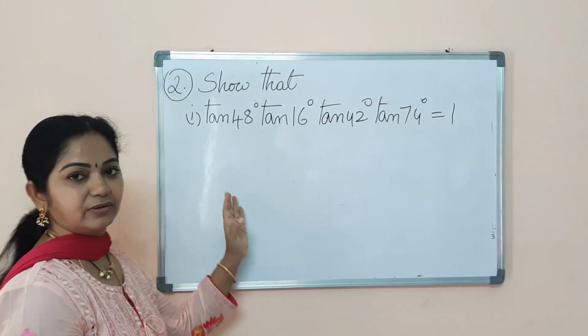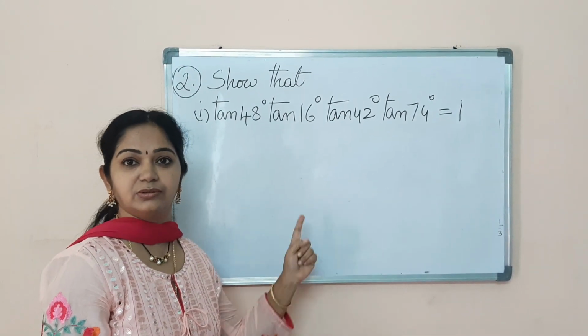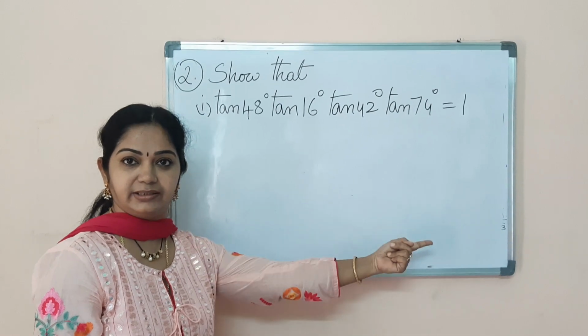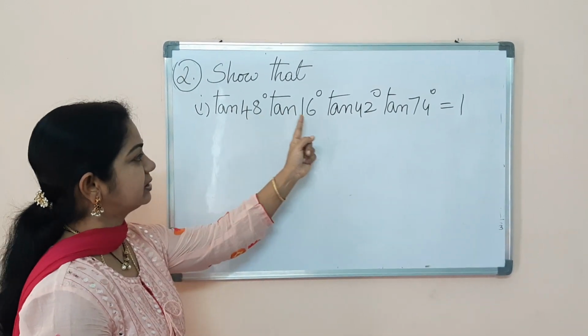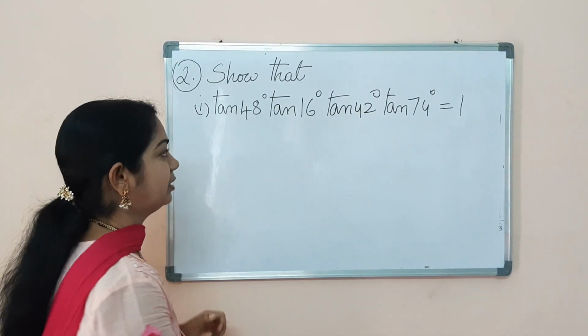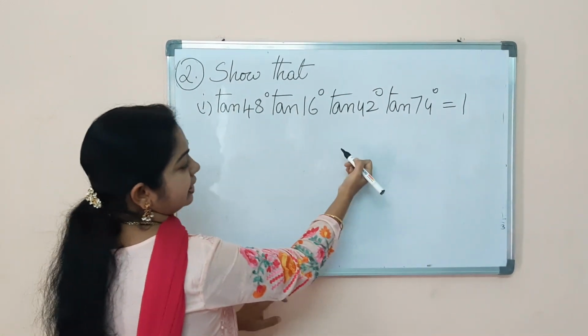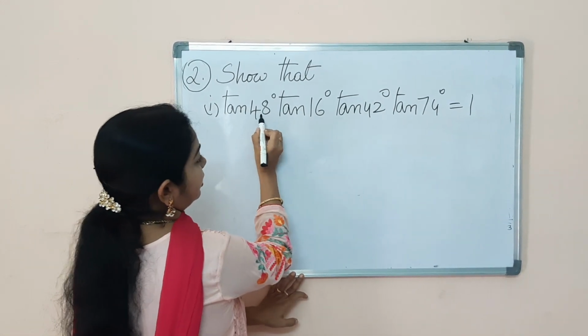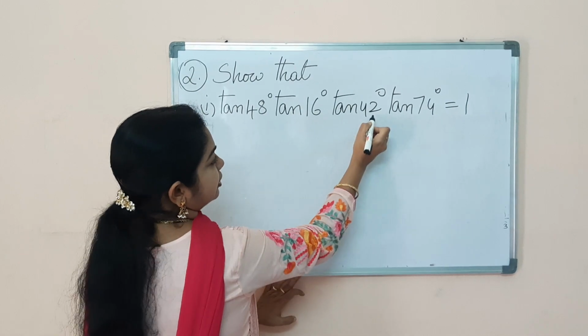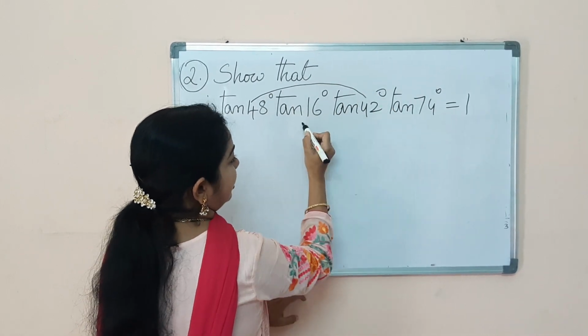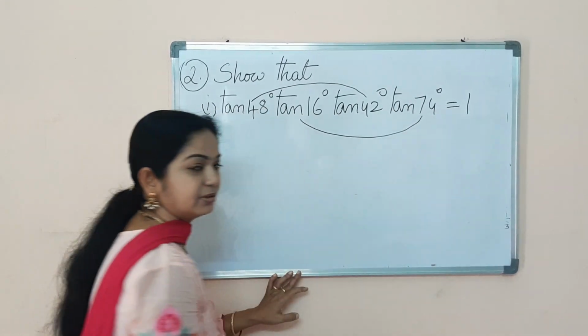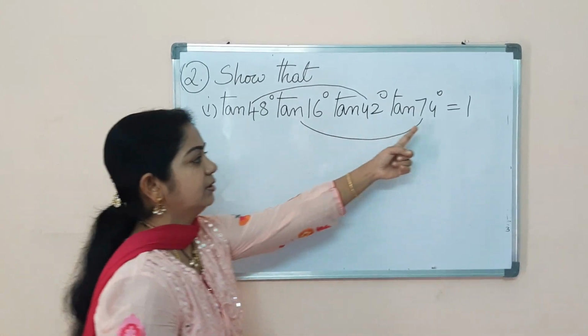You might get a doubt that we only know the values of 0, 30, 45, 60 and 90. We don't know the values of 48, 16 and all these. So, by using complementary angle pairs, 48 is paired with 42. And 16 degrees you can pair with 74 degrees, because they form 90 degrees.